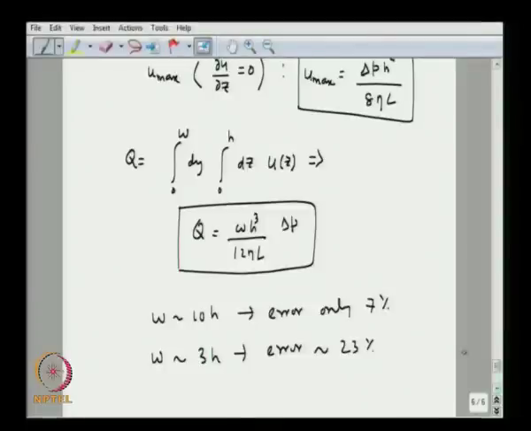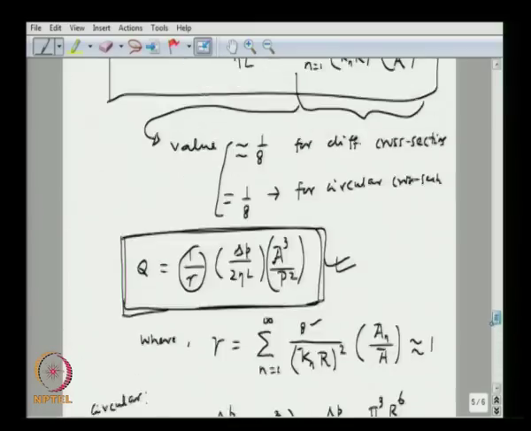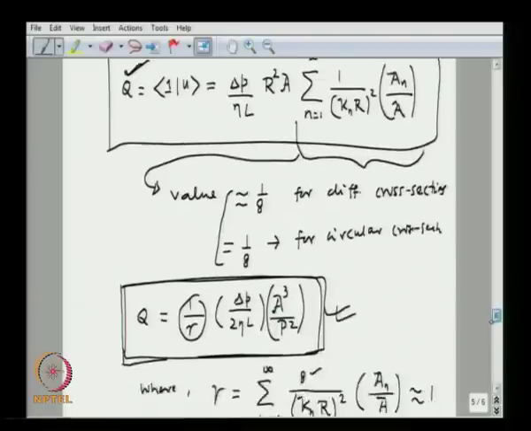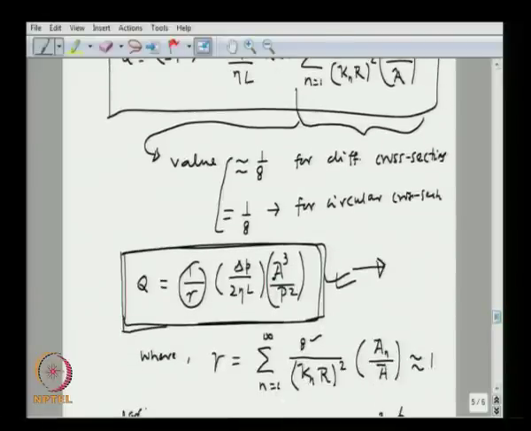So, if the channel width is greater than 10 times the height, this expression for the flow rate is good enough.